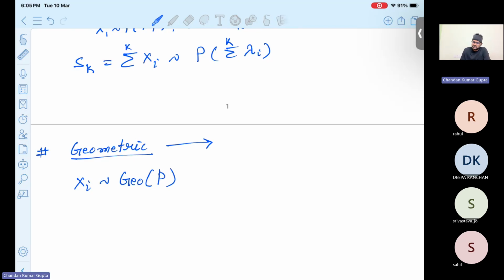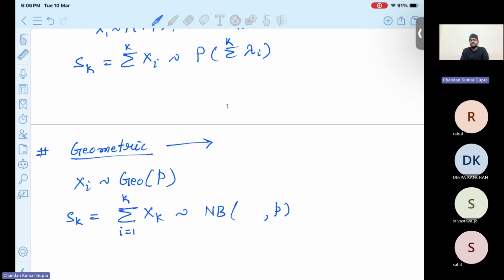In that situation, can anyone tell me which distribution Sk is going to follow? It is not going to follow the geometric distribution. It follows the negative binomial distribution with parameter p.